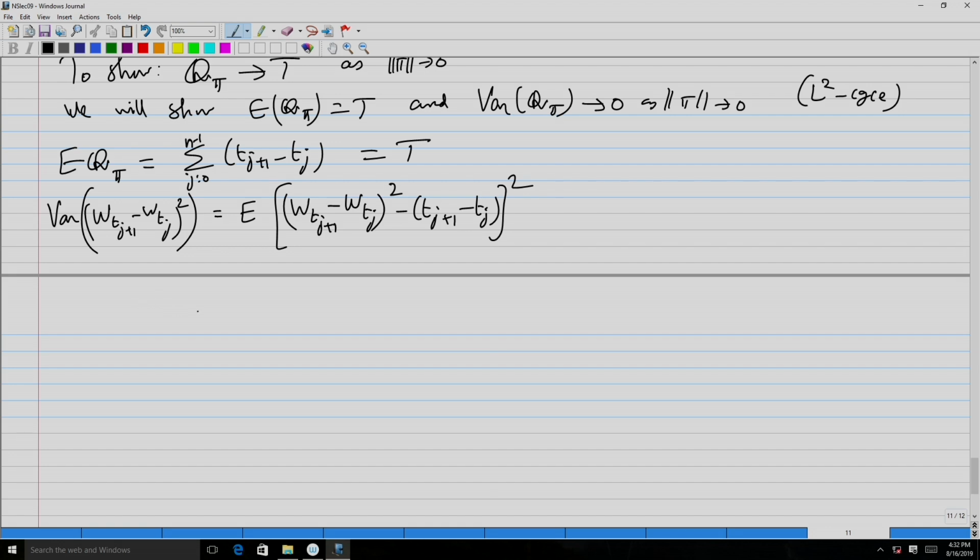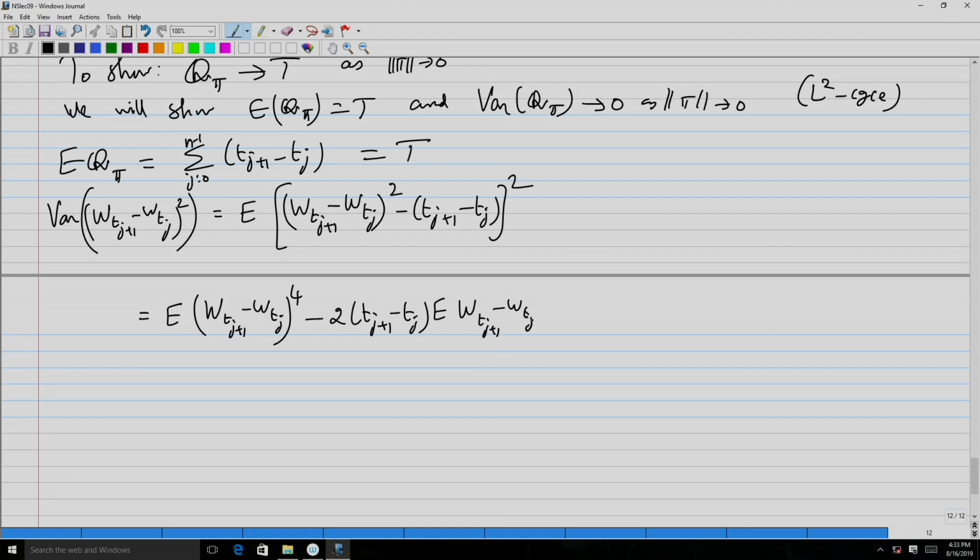Now, you can again expand and write this as the expectation of (W_{t_{j+1}} − W_{t_j})⁴ minus 2(t_{j+1} − t_j) times the expectation of (W_{t_{j+1}} − W_{t_j})² plus (t_{j+1} − t_j)².